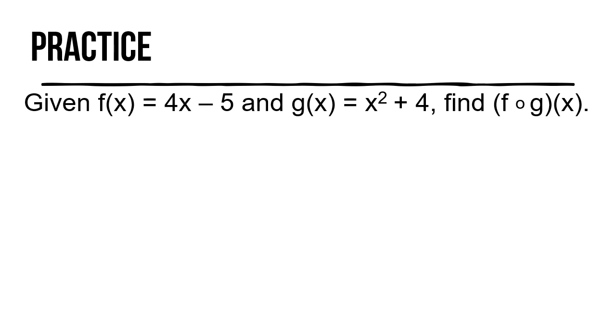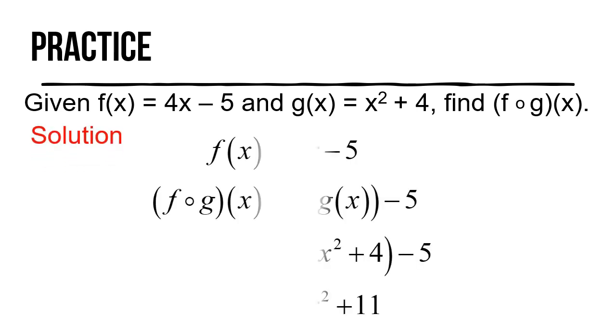Okay, let's have a practice for composite functions. Given f of x equals 4x minus 5 and g of x equals x squared plus 4, find f of g of x. You're done? Okay, let's see. So f of x is equal to 4x minus 5, and in this case g of x is the domain of f of x.